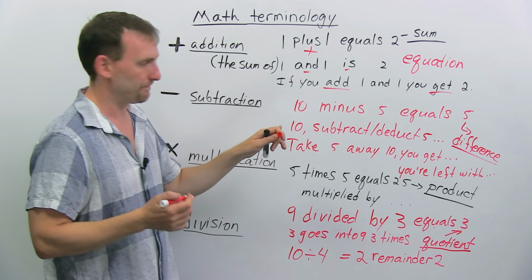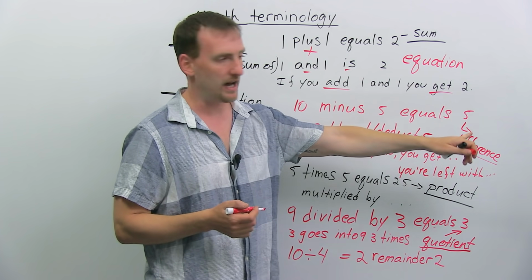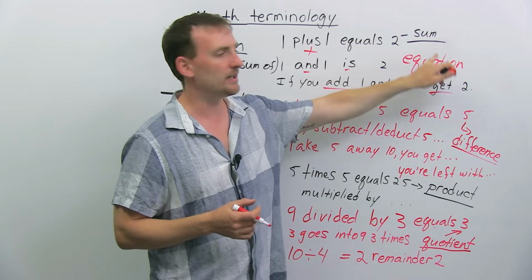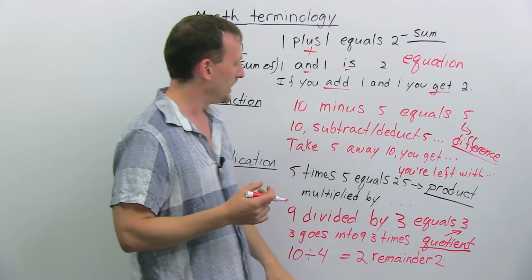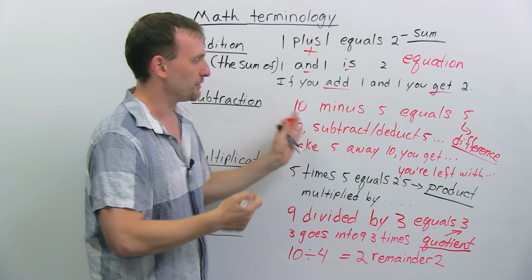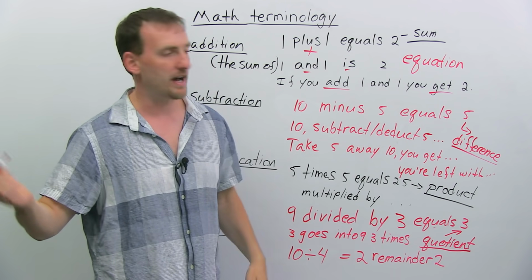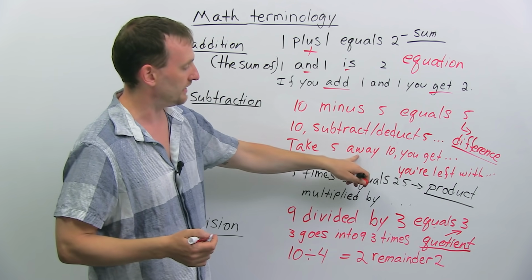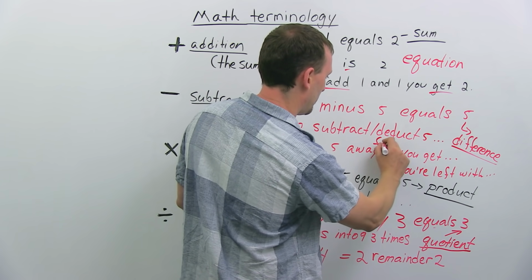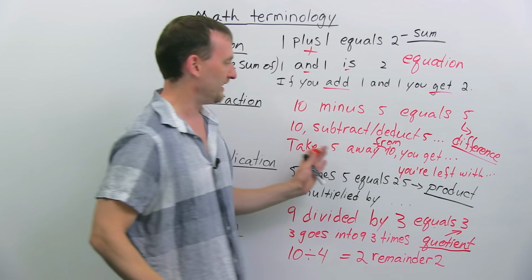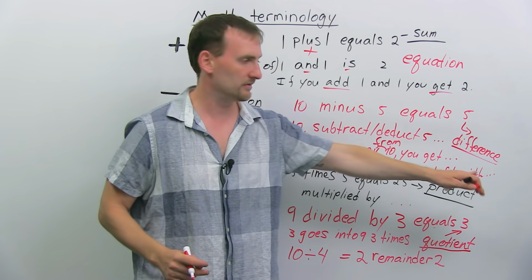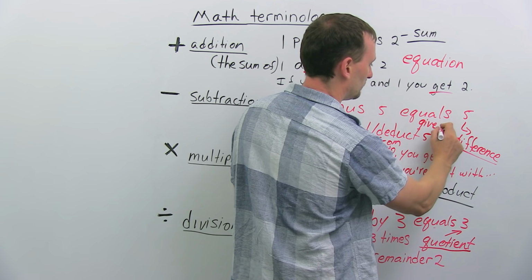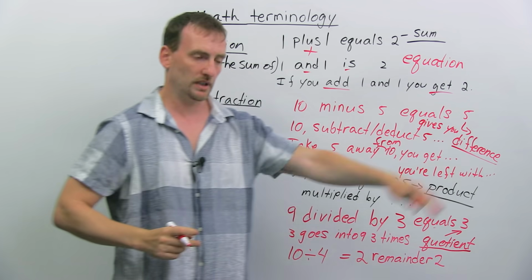If we look at subtraction, 10 minus 5 equals 5. 5, the answer, is also called the difference. For addition, it's the sum. For subtraction, it's the difference. 10 subtract 5 gives you 5. Or 10 deduct, which means take away, 5. We can also say take 5 away from 10, you get 5.